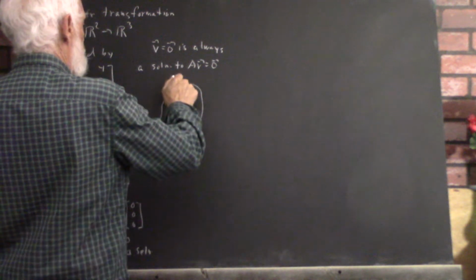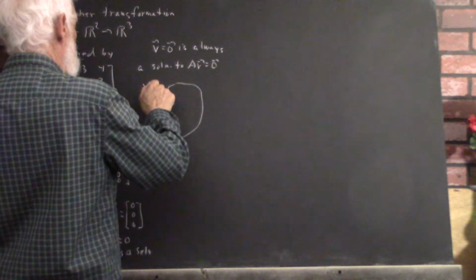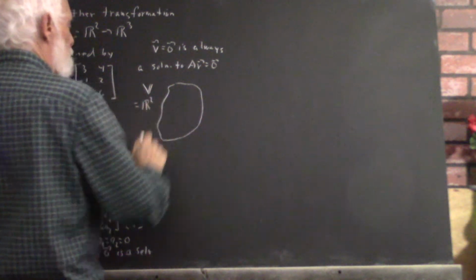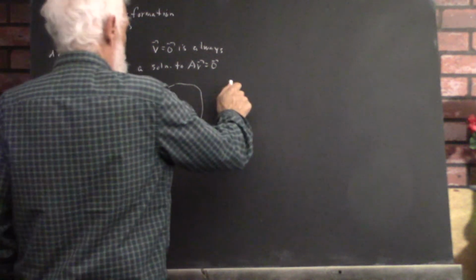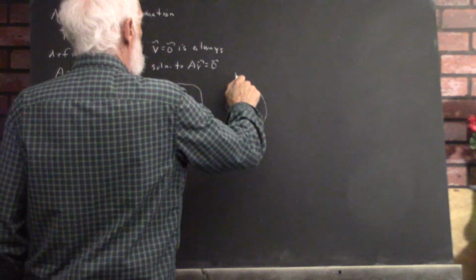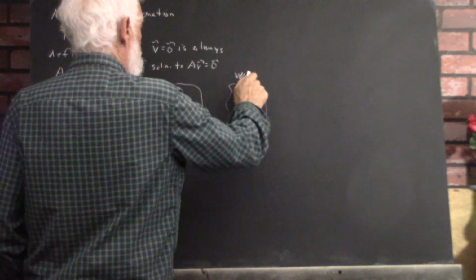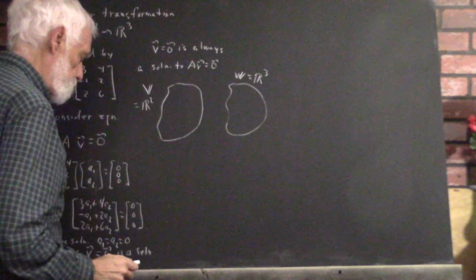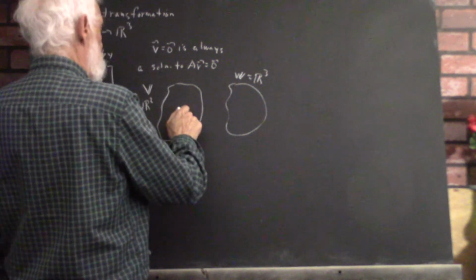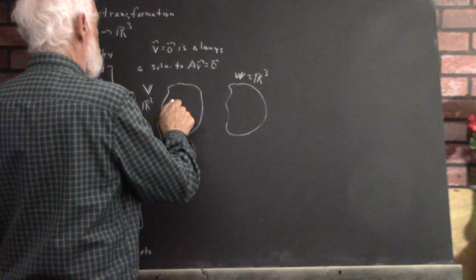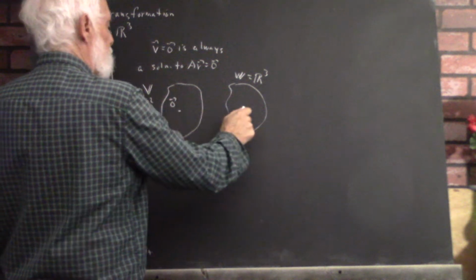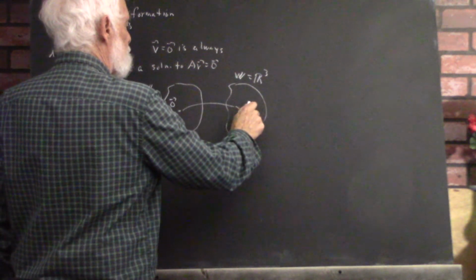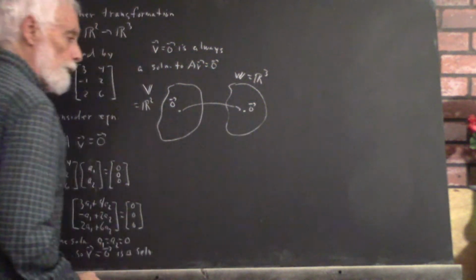But now if we have our vector space V here, and V is R2, and vector space W here, W being R3, we see that the 0 vector here always maps to the 0 vector over here.